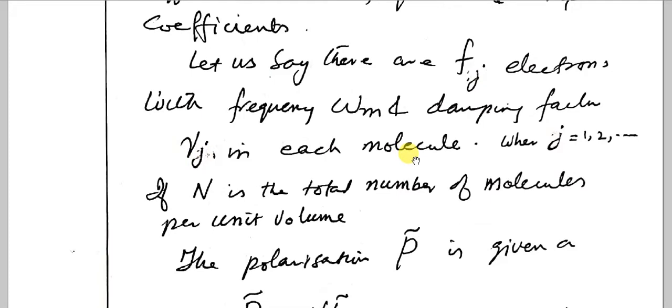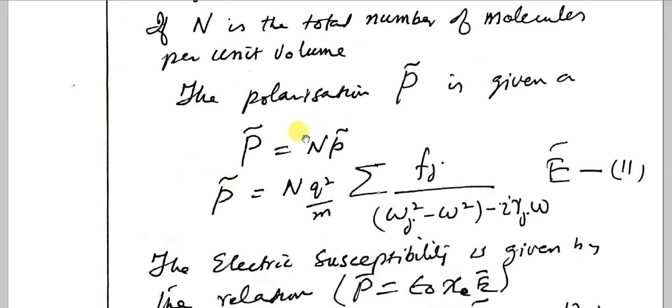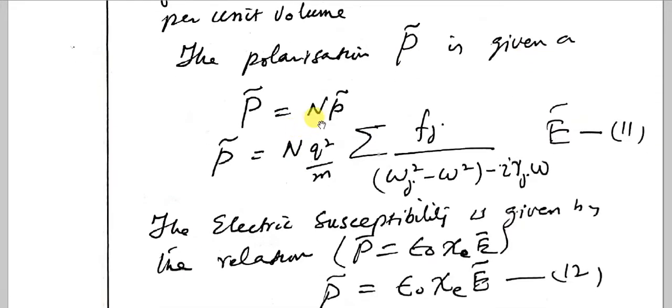If n is the total number of molecules per unit volume, then the complex polarization is given as P is equal to n times the dipole moment. N is the number per unit volume of these molecules or atoms, times the dipole moment of each molecule or atom.